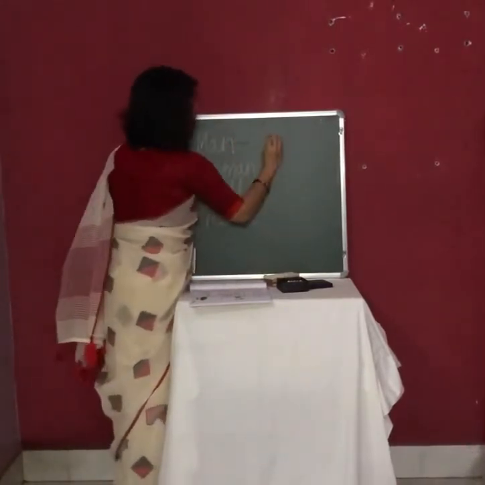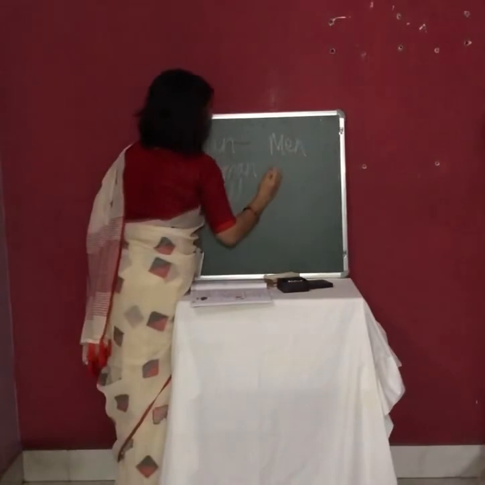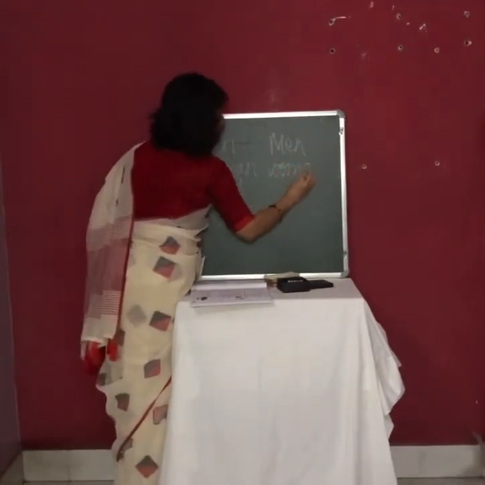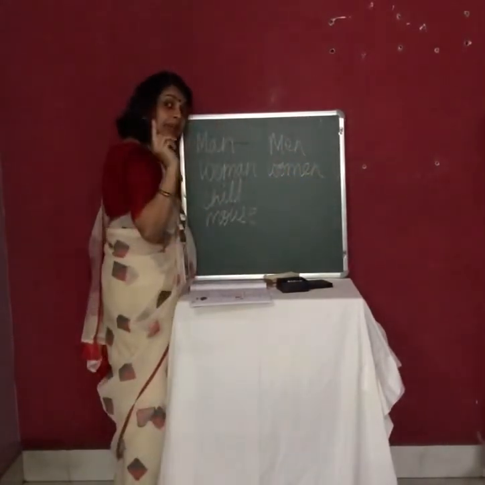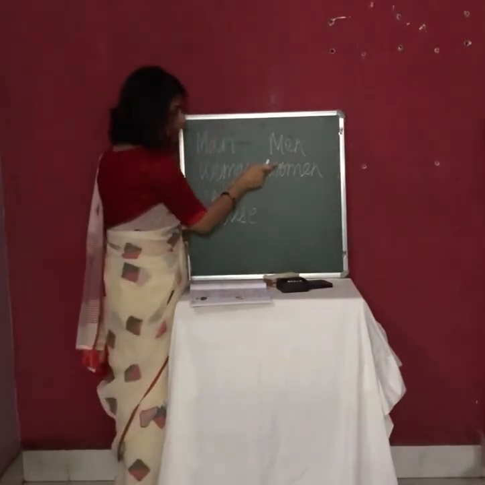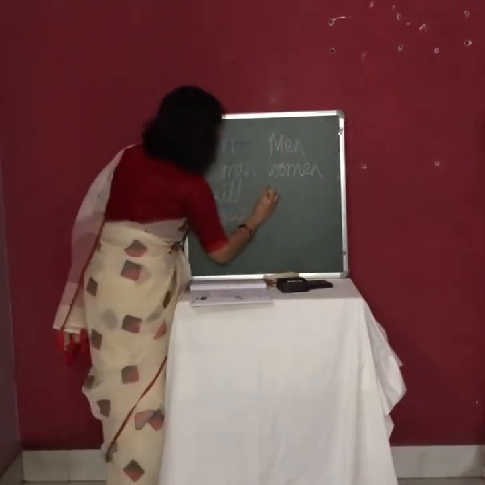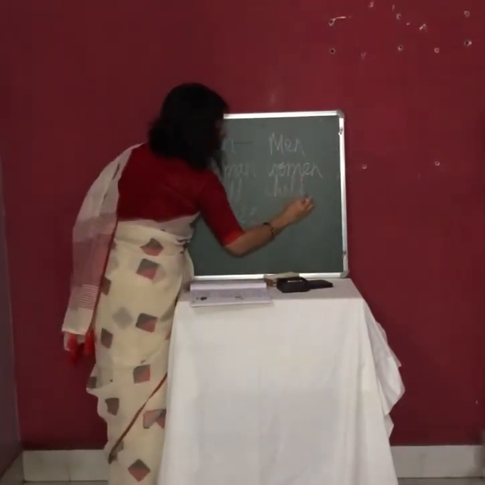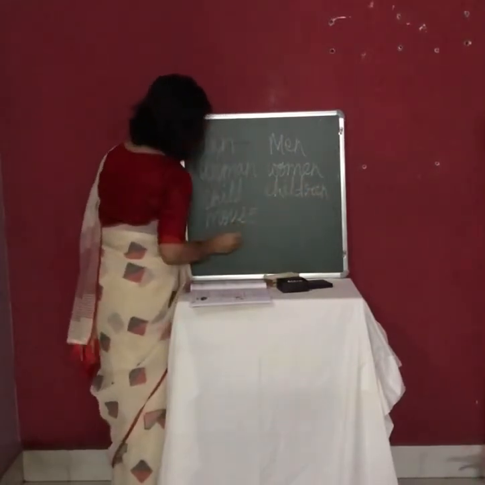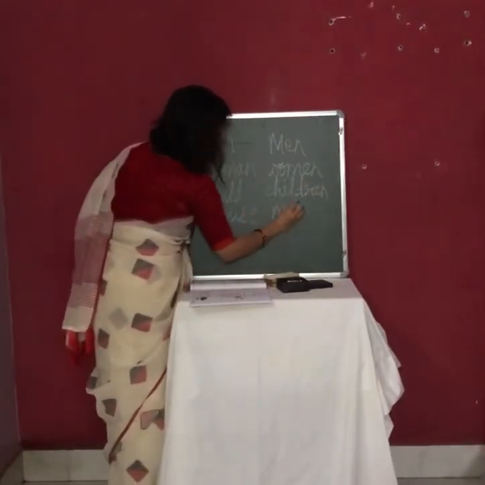Man will become men. Woman will become women, W-E-M-E-N is how you pronounce it, but the spelling is W-O-M-E-N. Child will become children. Similarly, mouse will become mice.